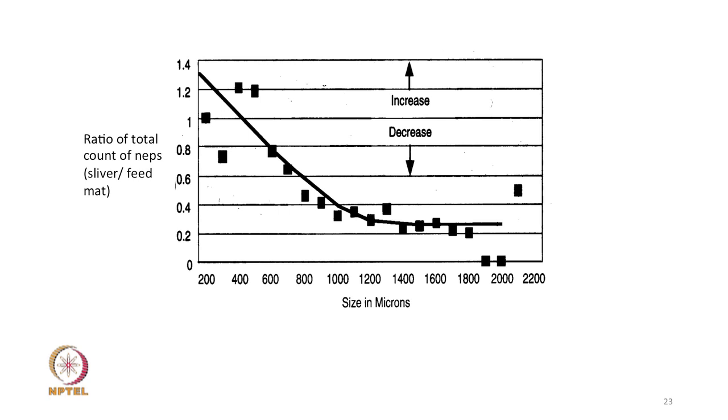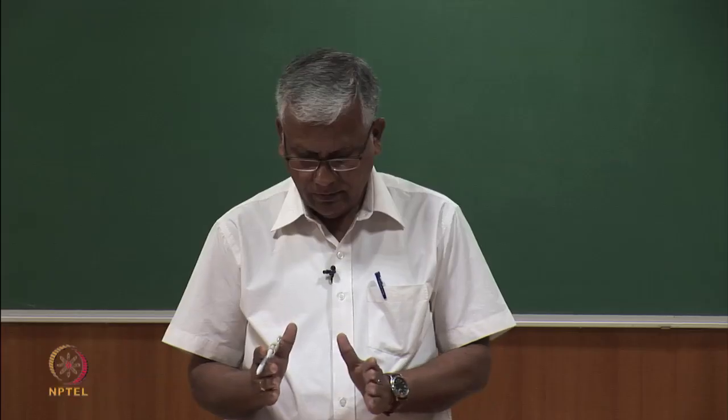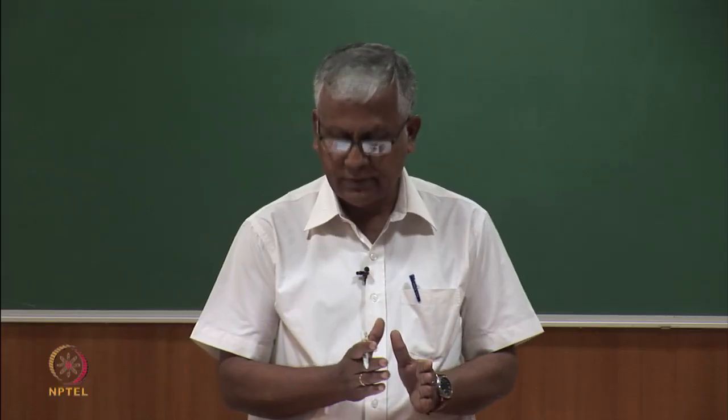And why is there an increase in small size naps? The possibilities are two. One is that it is difficult for the machine to remove the small size naps which are 200 micron, 300 micron or 400 micron in size. The other thing could be that big size naps are broken into pieces and part of those big naps become small size naps now.